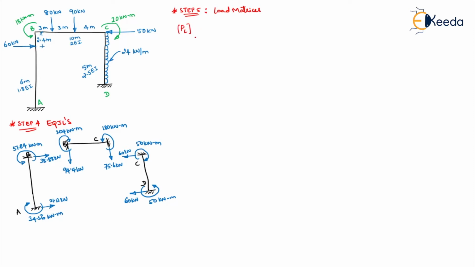So what will be the size of your PL? It will be degree of freedom into 1 or global into 1. So it will be 3 into 1 in this case, right? Then your PE, that's your EQJL. So that will be local into 1.